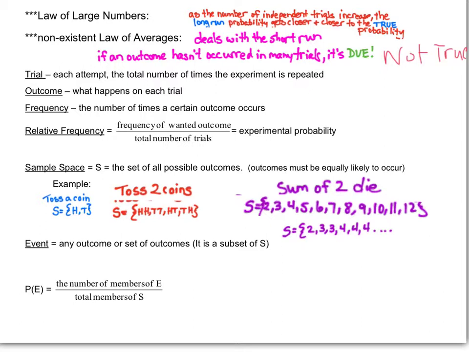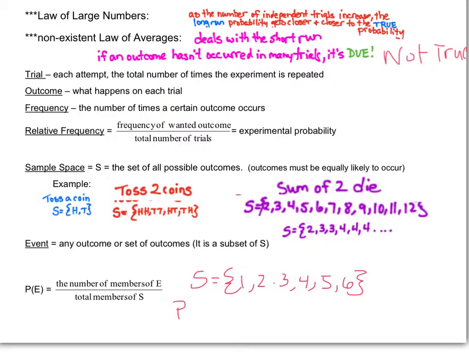More vocabulary: an event is any outcome or set of outcomes. And then here's the probability of an event, and that's just your basic probability, the number of times the event happens out of the total members of the sample space. For example, let's say you toss a die. Your sample space will be S equal to, there's a 1, a 2, a 3, a 4, a 5, and a 6 on a single die.